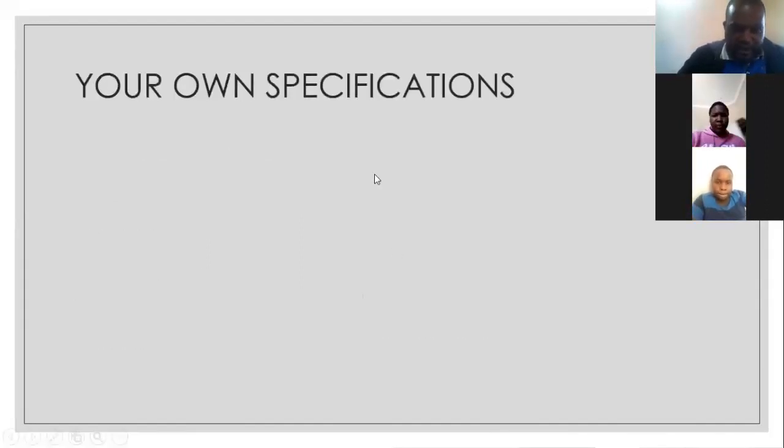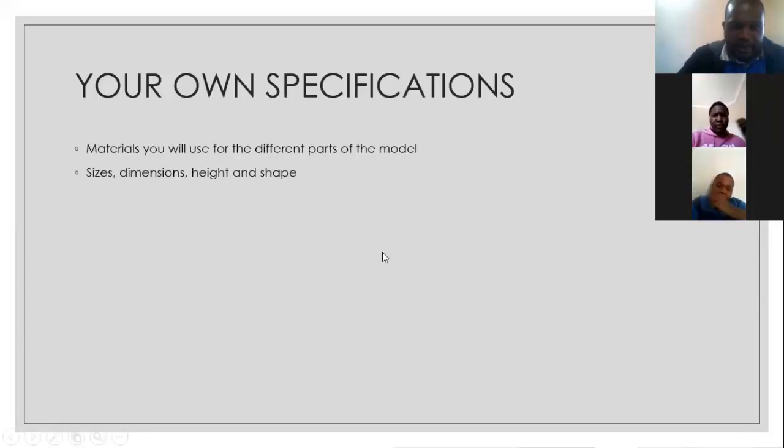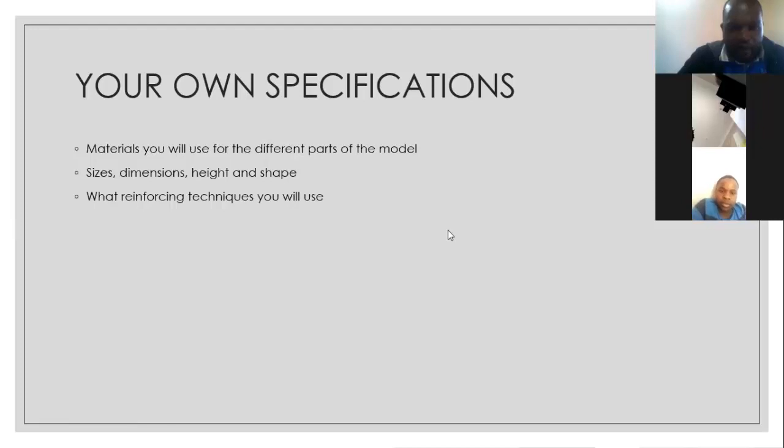The video is there, so I'm just going to move a bit quickly on this. Then we have our materials and your own specifications. What materials are you going to use? And then what reinforcing techniques you're going to use. We've got our constraints. I think by now we know what constraints are.